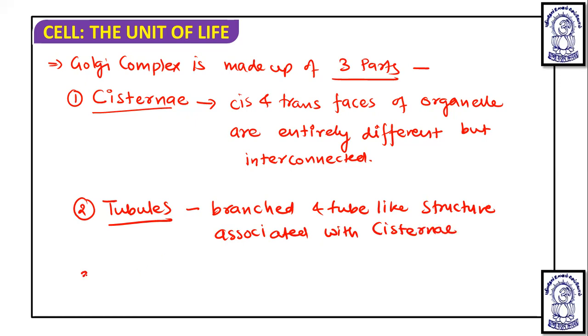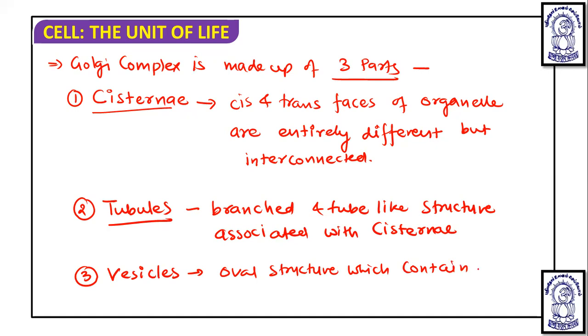And third is the vesicles. So these are oval structures which contain modified protein.